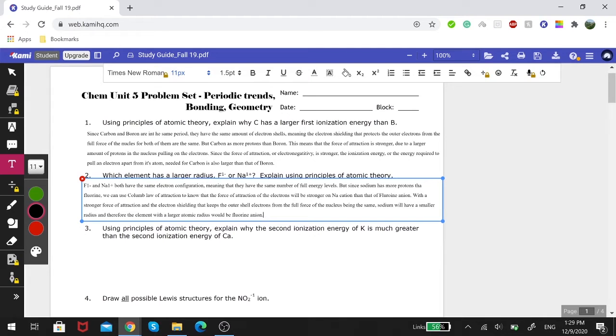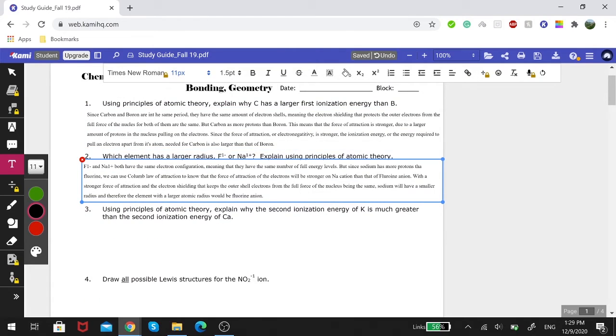Put into the simplest terms, that is because fluorine has fewer protons pulling on the electrons than Na.